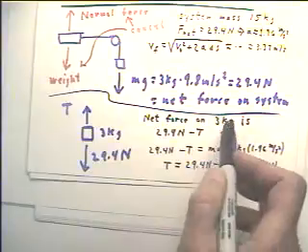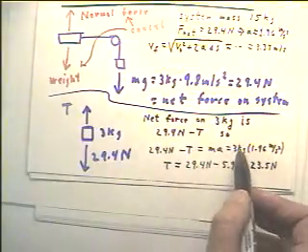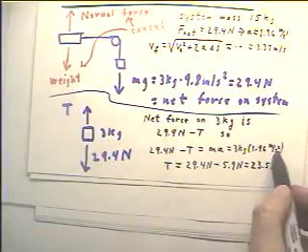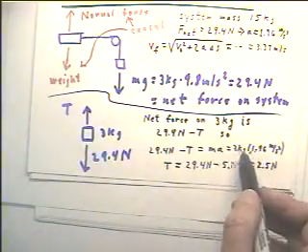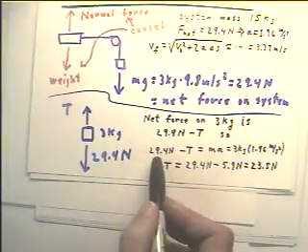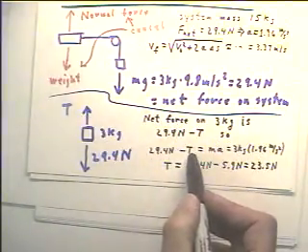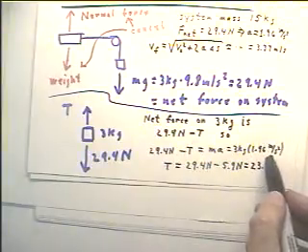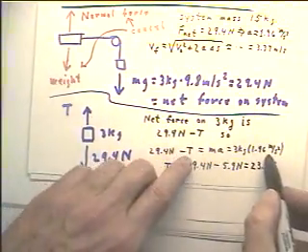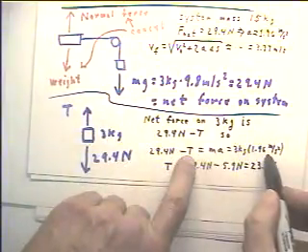Okay? Now the net force on the 3 kilograms is also 3 kilograms times 1.96 meters per second squared, because the net force is nothing but the mass multiplied by the acceleration. So we see that the 29.4 newtons minus the tension has to equal the 3 kilograms times 1.96 meters per second squared. We can solve for the tension.